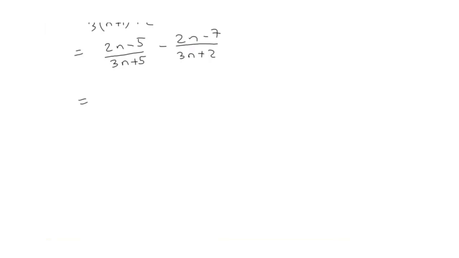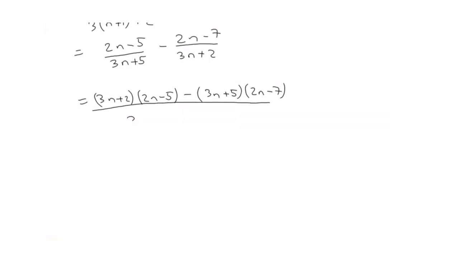So it's going to be (3n plus 2)(2n minus 5) minus (3n plus 5)(2n minus 7) all over (3n plus 5)(3n plus 2).